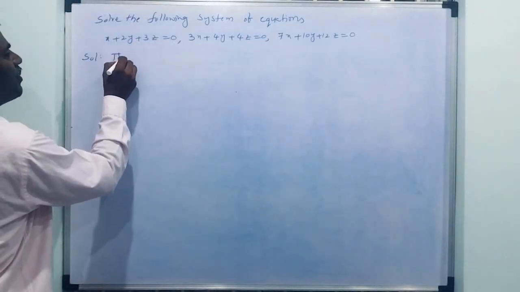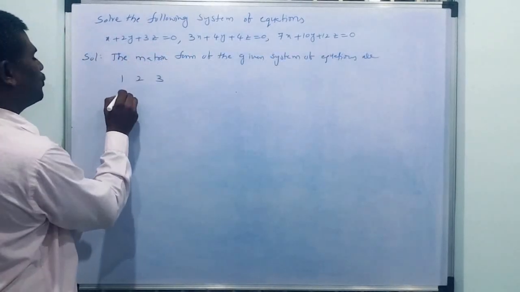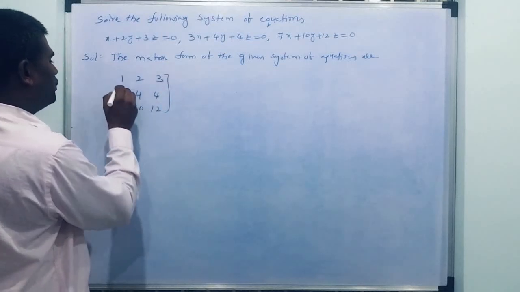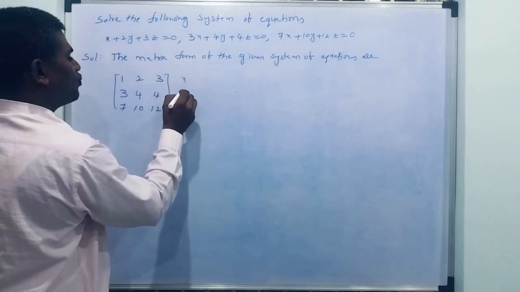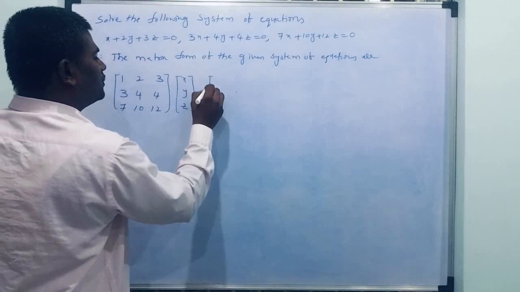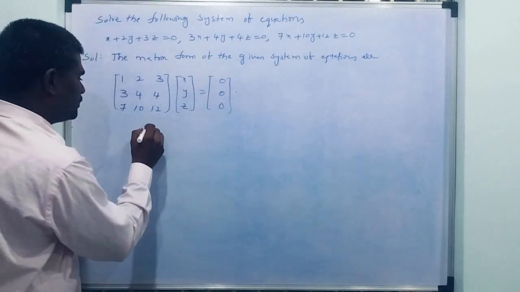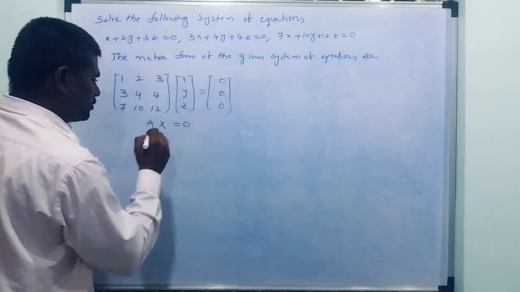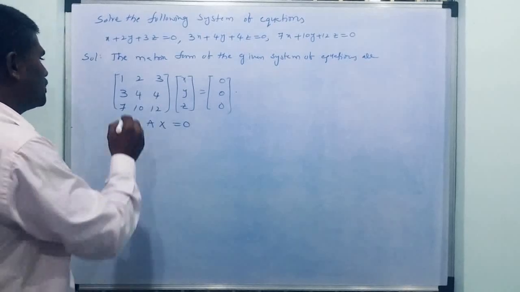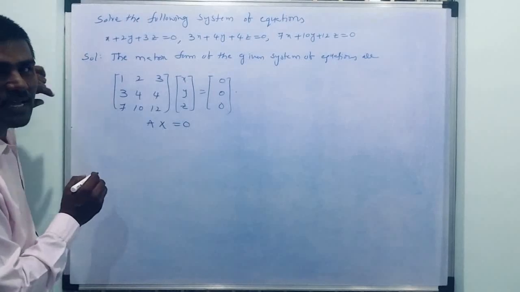The matrix form is [1, 2, 3; 3, 4, 4; 7, 10, 12] into [x, y, z] equal to [0, 0, 0]. This is of the form Ax equal to 0. Now you have to reduce this into echelon form, so I am using this element to make these two elements 0.